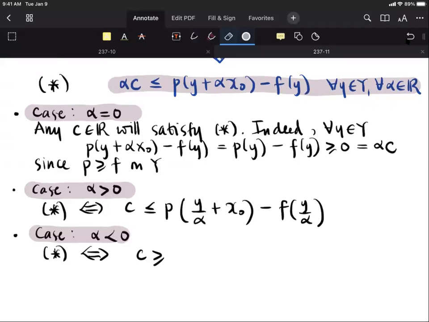We need to divide by negative alpha, I should say. So we have negative c, because we already know that p is sublinear, so we need to divide by negative alpha, which is positive.